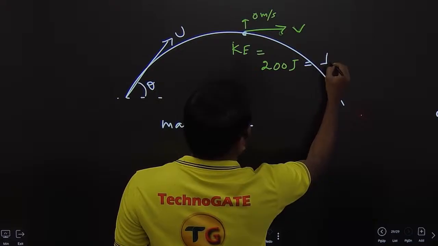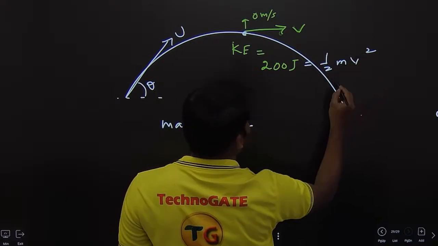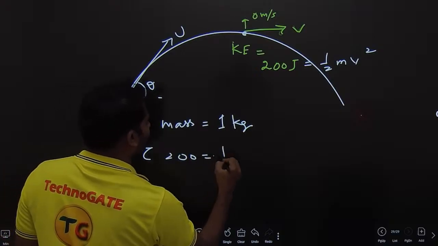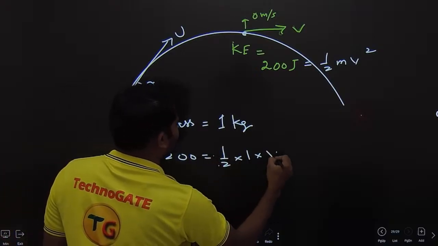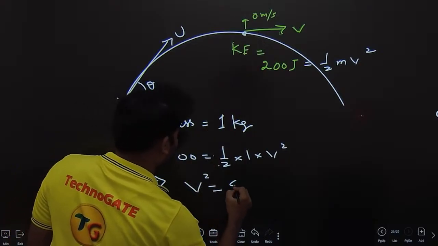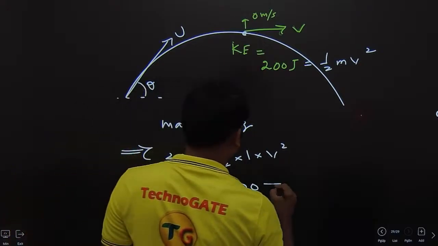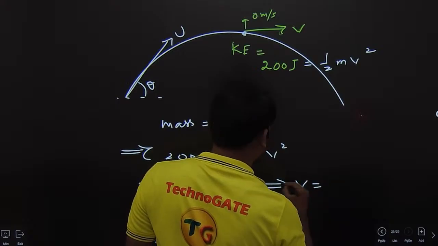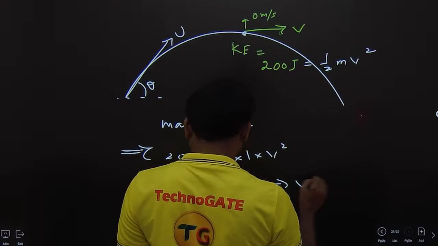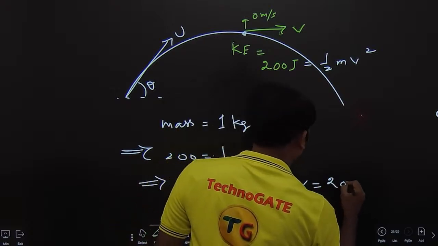So this is half m v square. This implies we can write 200 is equal to half m, which is 1, v square. So v square is equal to 400. That is, v is equal to root 400, which is nothing but 20 meters per second. So v is coming out to be 20 meters per second.